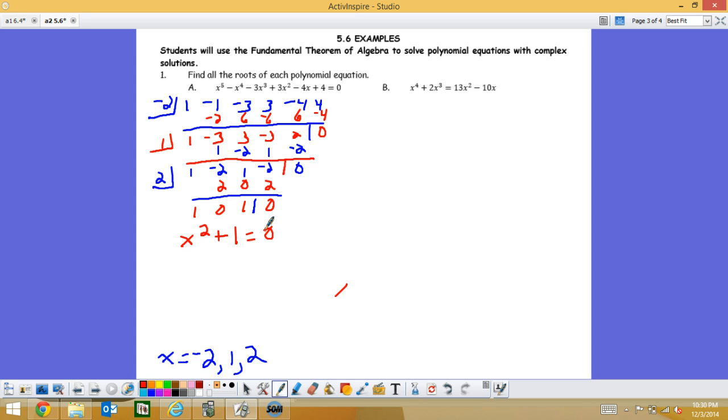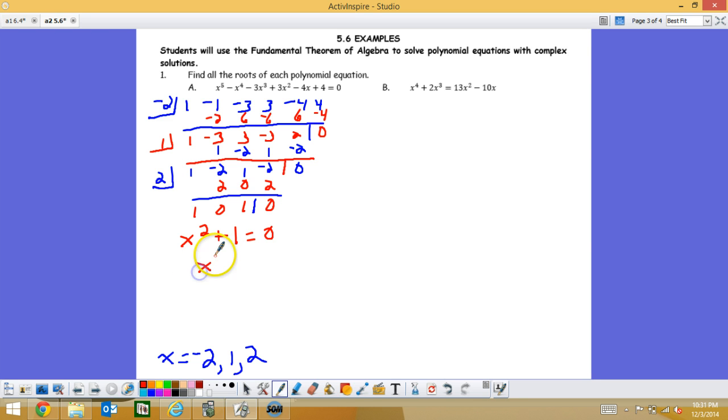Because what we've essentially done is we've knocked this down to a product of factors. We've taken this quintic and knocked it down to factors of x plus 2 times x minus 1 times x minus 2 times x squared plus 1. And we're setting each of those equal to 0, so we're setting that piece equal to 0 as well.